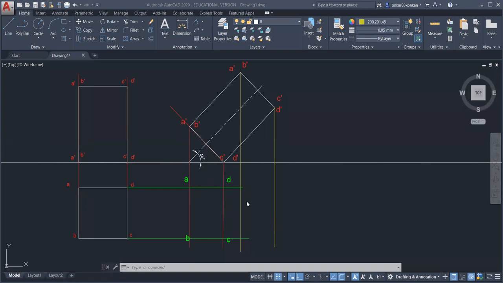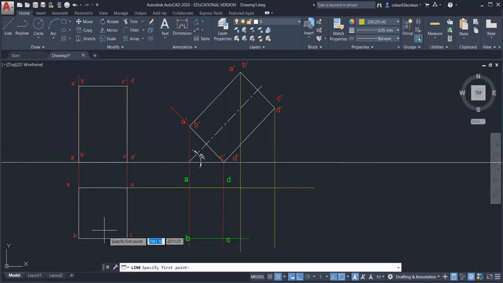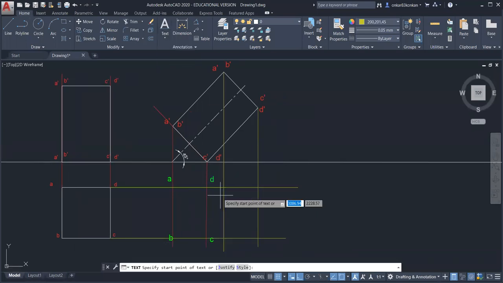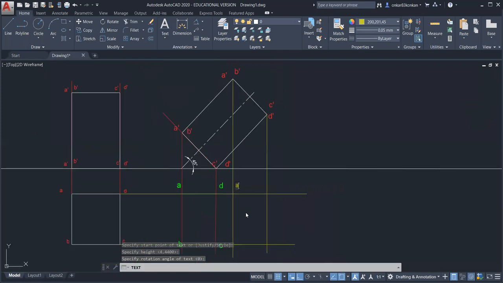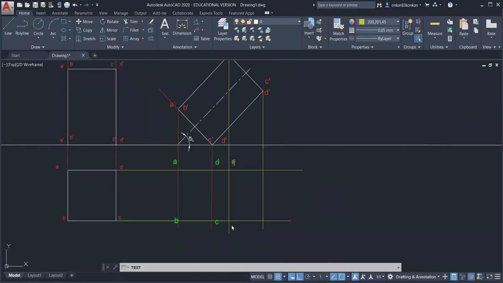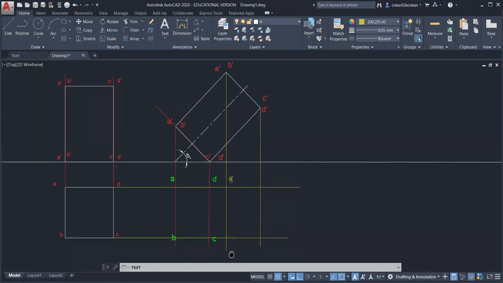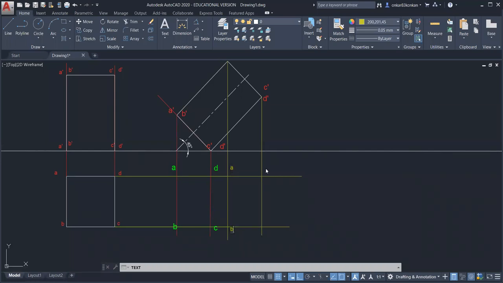Take the projections from the top base and find out its intersection points. So this ABCD will represent the top base.